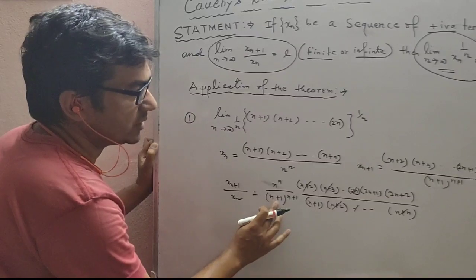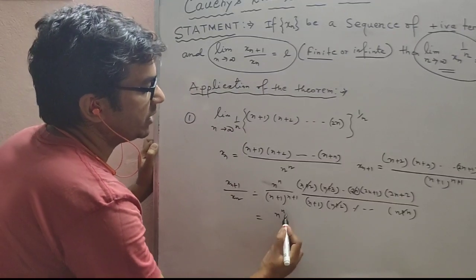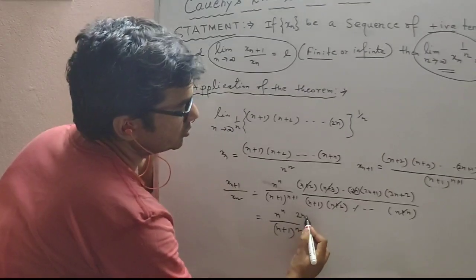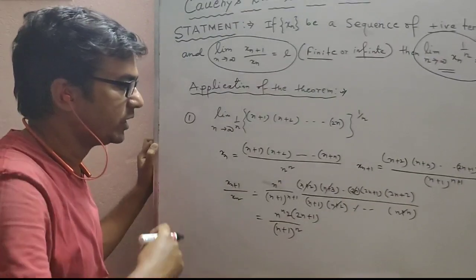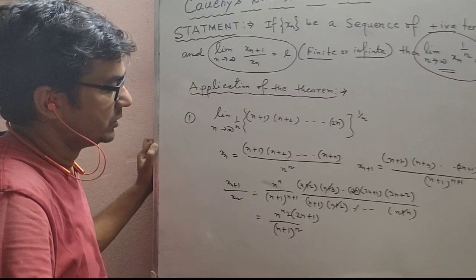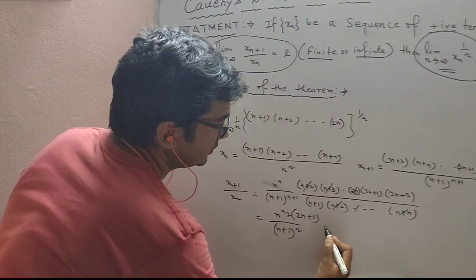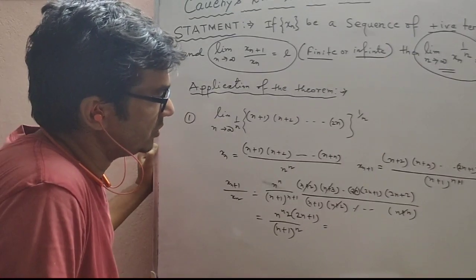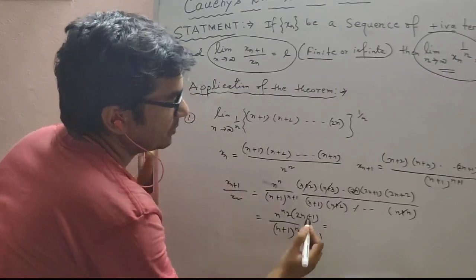Now n plus 1 and 2 into (n plus 1) are also cancelled, leaving n to the power n by (n plus 1) to the power n, into (2n plus 1) into 2. Here one n plus 1 is left.